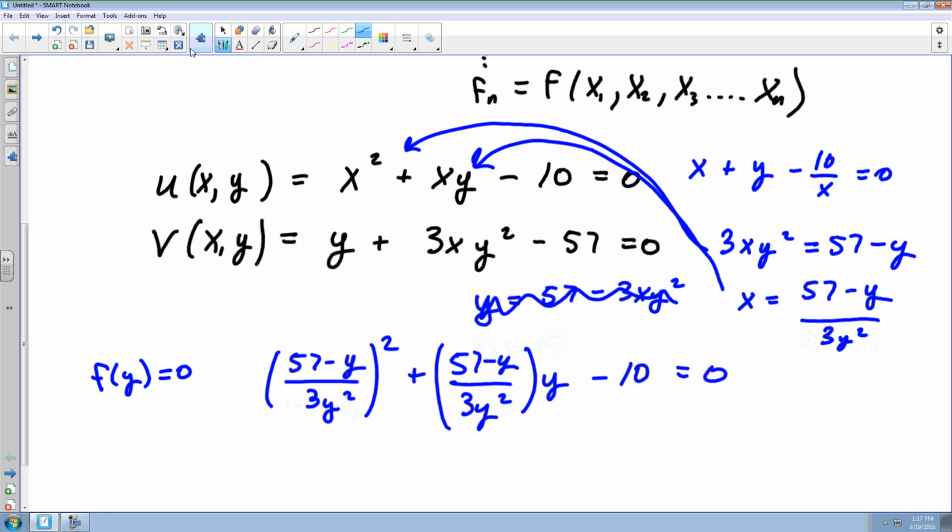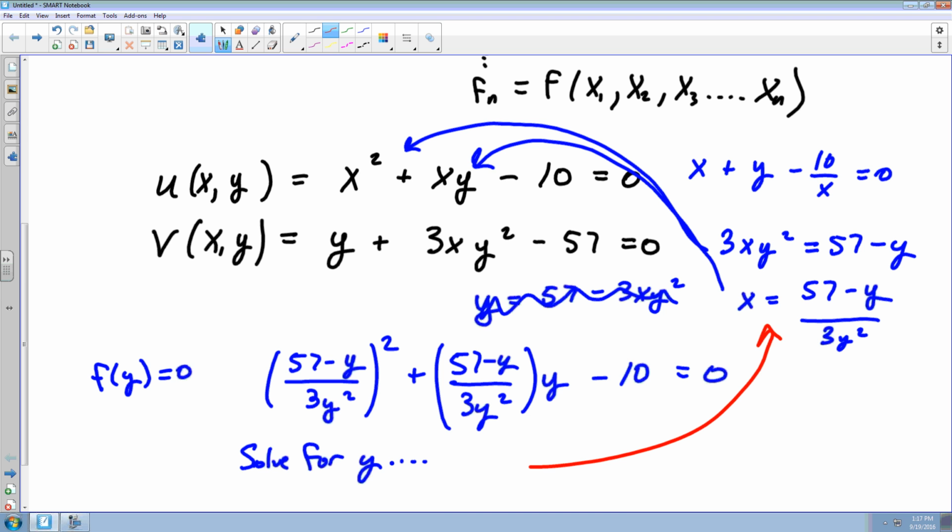Probably secant method, possibly? Yeah, you possibly could do that. And then once you had the solution for y here, you could then substitute back in. In this case, you might be able to do that.